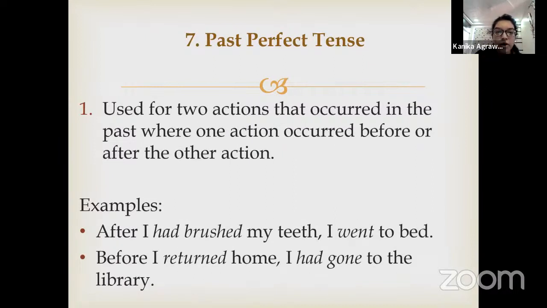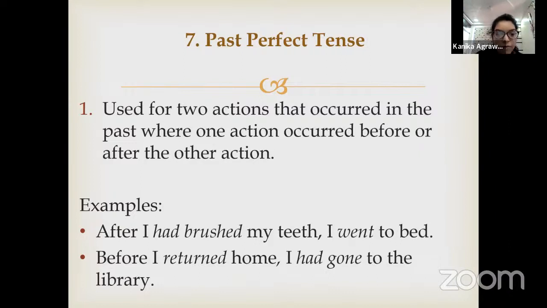Okay, now moving on to past perfect tense. It is used for two actions which have occurred in the past, where one action occurred before or after the other action. Okay. For example, after I had brushed my teeth, I went to bed. After I had brushed my teeth, I went to eat. After I had taken a shower, I went to meet my friend.